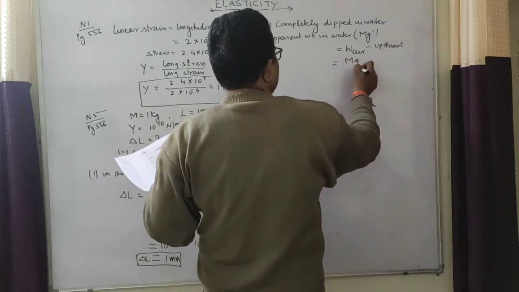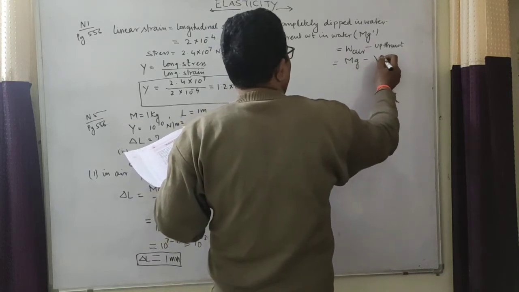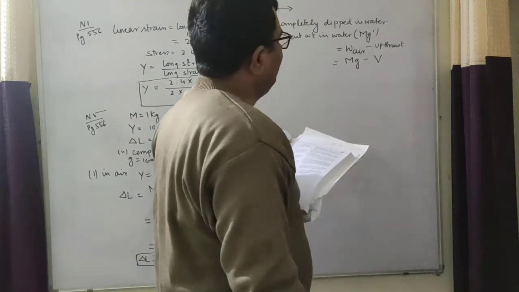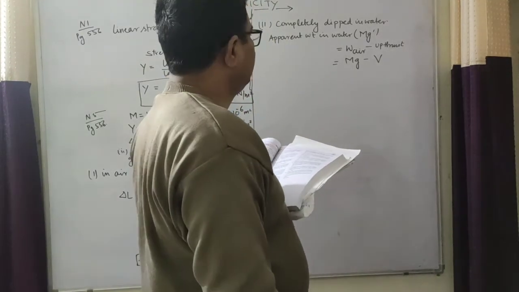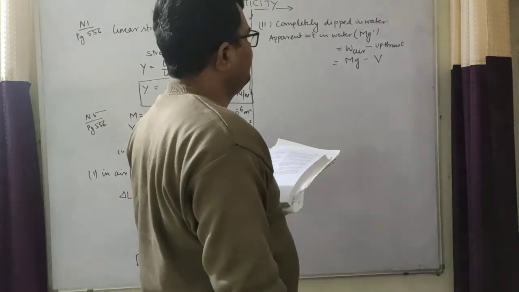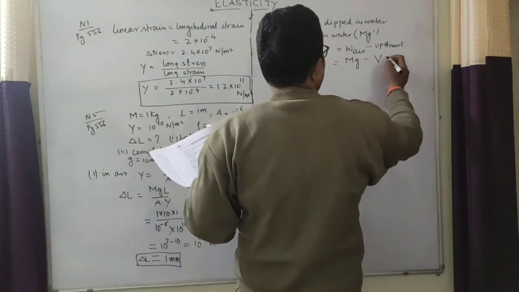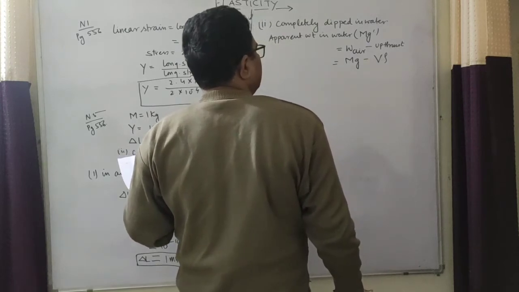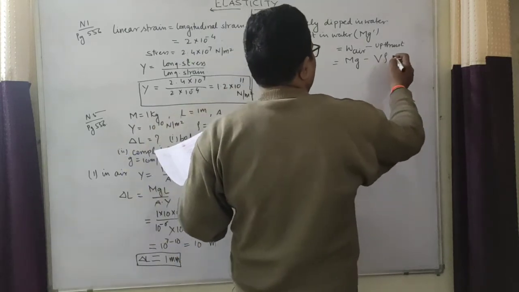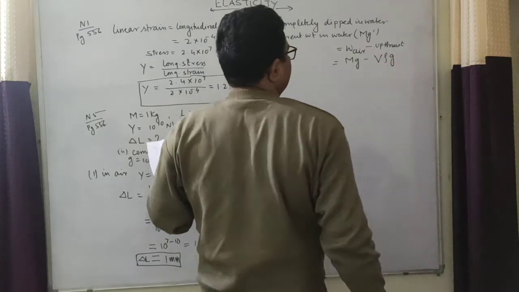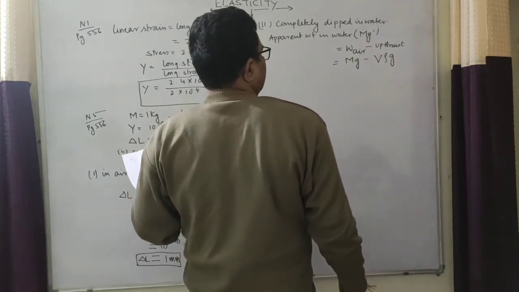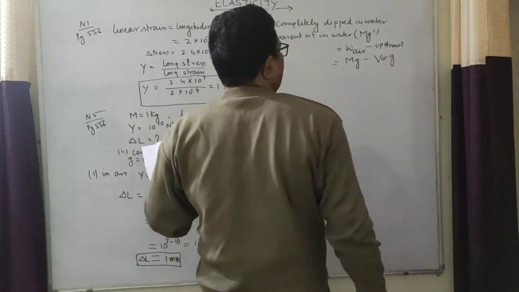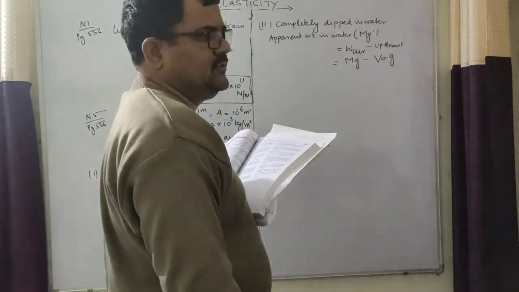Weight in air is mg, upthrust is volume of liquid displaced, as it is completely dipped in water, so it has covered all the volume which it has. Volume into density into gravity, V sigma G. Sigma is density of liquid in which the object is dipped.